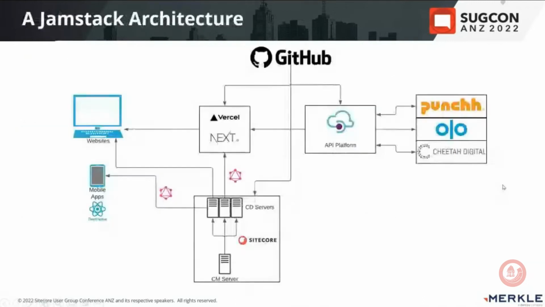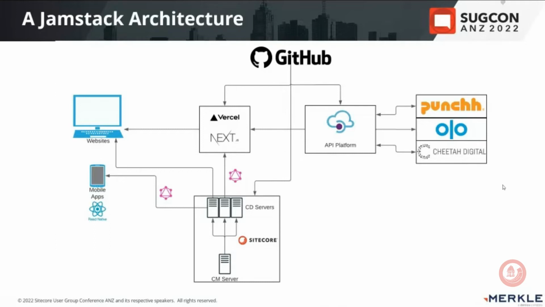All right, so at a really high level, what did our architecture look like? At the top, everything's hosted in GitHub, but you can pick a source control provider of your choosing. On the bottom, if we take a look at Sitecore, at the beginning we had our CM server and our CD servers, and those were serving out our content and our media over GraphQL.